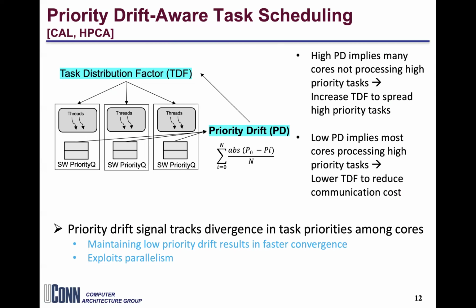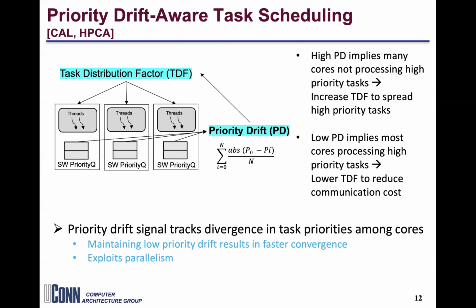Now, maintaining a high level priority among those priority queues is very hard. So we came up with this idea of a priority drift signal that aggregates and computes every so often the drift that each core has with respect to other cores' priority queues.